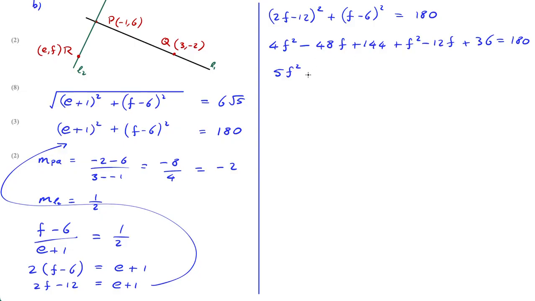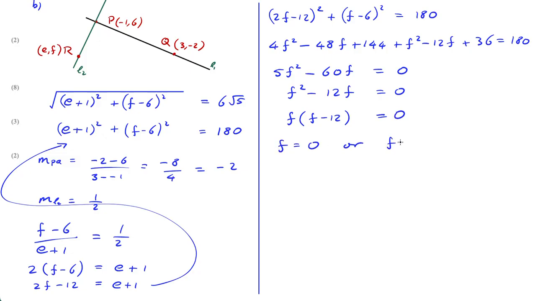Okay, that's nice, because hopefully this will cancel. 144 plus 36 is actually, okay, that's particularly nice, guys, because that's 180. So this equals 0, because 180 minus 180 is 0. Okay, divide by 5, F squared minus 12F equals 0. F into F minus 12 equals 0. So F equals 0, or F equals 12.